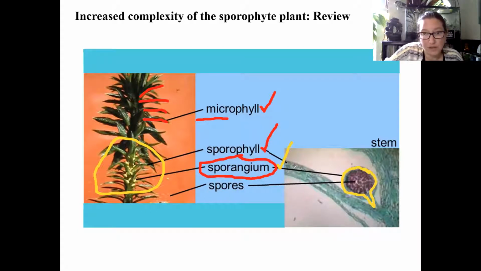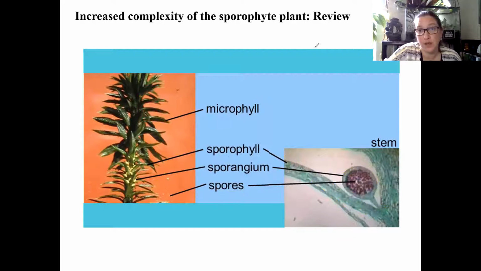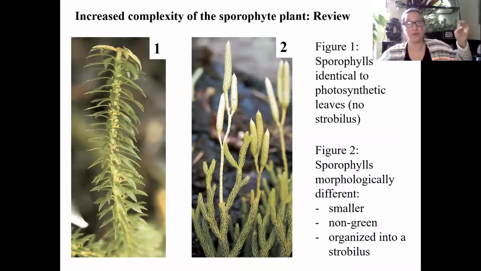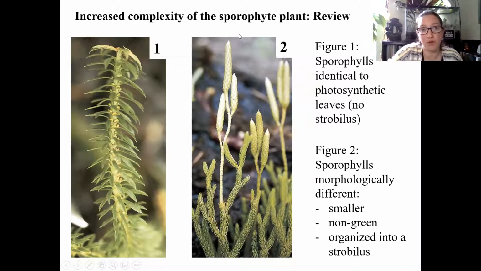Such that now we can call these, which is right here, sporophyll, because it's a leaf with a sporangia on it, right? And the sporangia is going to make the spores. So we want to spread our offspring to further distances, so we need to make gametophyte plants grow other places farther away. So we have to develop more structures. This is an example of Lycopodium.